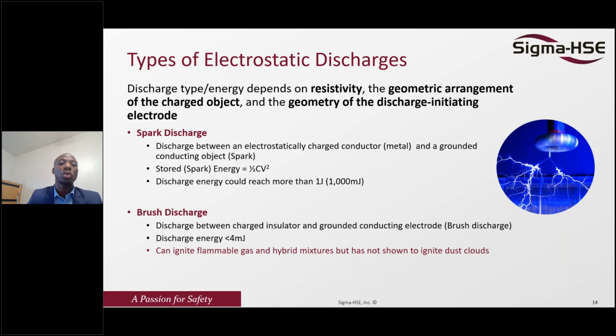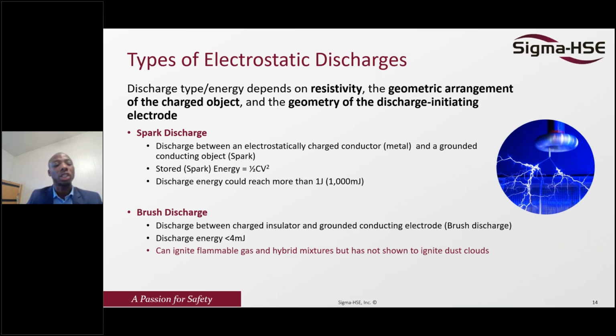And spark type ignition source usually can generate an energy up to 1,000 millijoules. That is, one can ignite gas, solvent, and dust, because this energy is very high, and you don't want this in the industry because it can ignite almost every material that we handle at our various facilities.